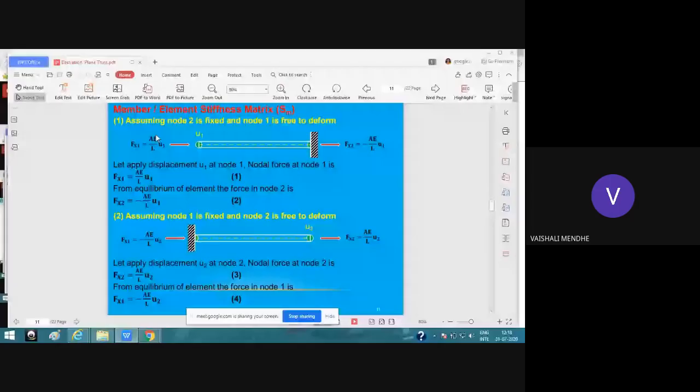So this nodal force is in terms of the force and displacement relationship. You can see that Fx1 is equal to K into delta, where delta is U1 here and K is AE by L. So this is the force we have written in terms of K and delta.